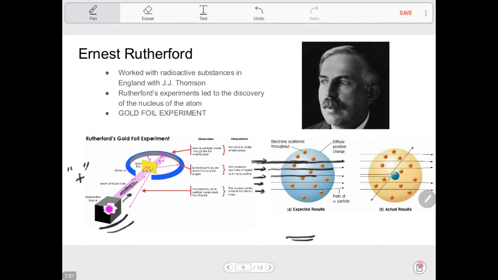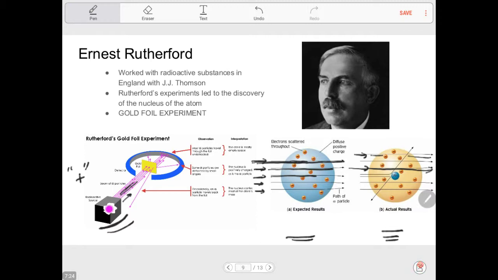Now, this didn't happen all the time, but here's what actually happened. And the video that I have in the workspace is going to do a much better job than I am. The alpha particles, most of them came right through. They're positive, came right through, came out the other side. No big deal. Here's another one coming right through. Positive particle goes through, comes out the other side.